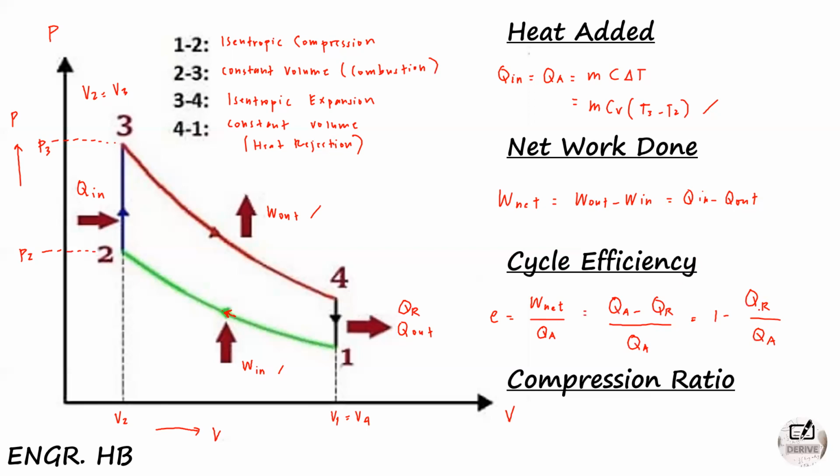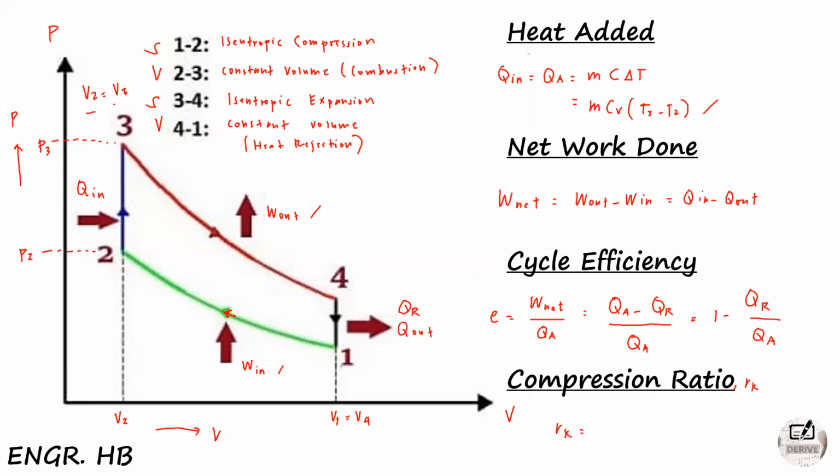Okay. So how about this compression ratio? Of course, compression ratio can be represented as rk. So since this is an SVSV process, what is SVSV? So that was isentropic, constant volume, isentropic, and constant volume. Ibig sabihin, dalawang volume lang ang involved.